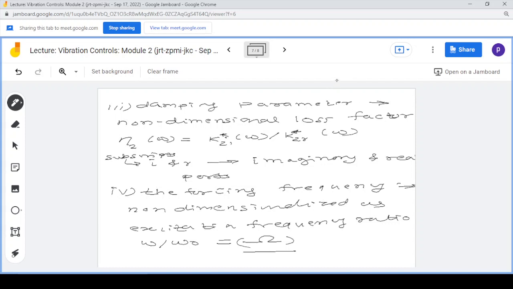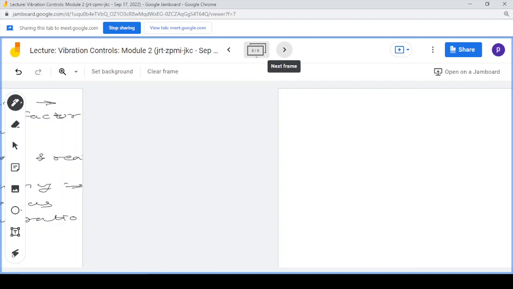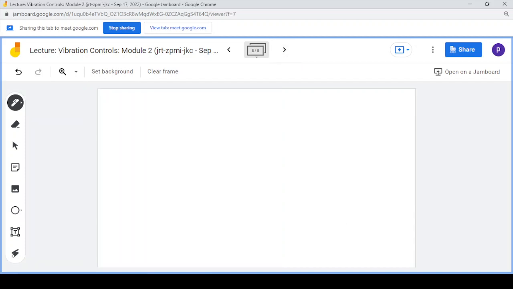Now let's look further at how we can connect these.